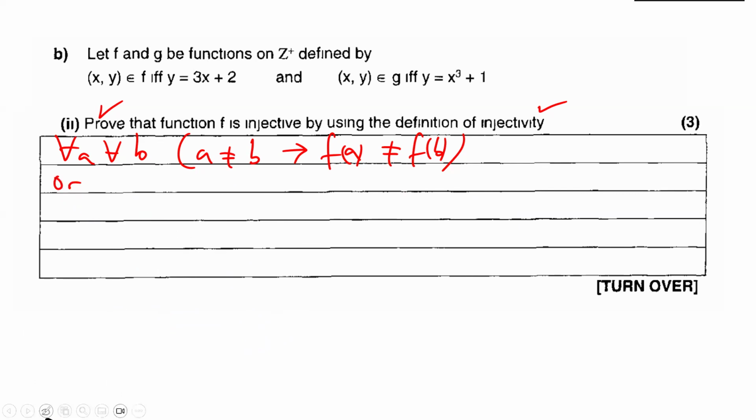Alternatively, you can say for all A, for all B, f of A equals f of B means that A equals B, and this is the definition of injectivity.